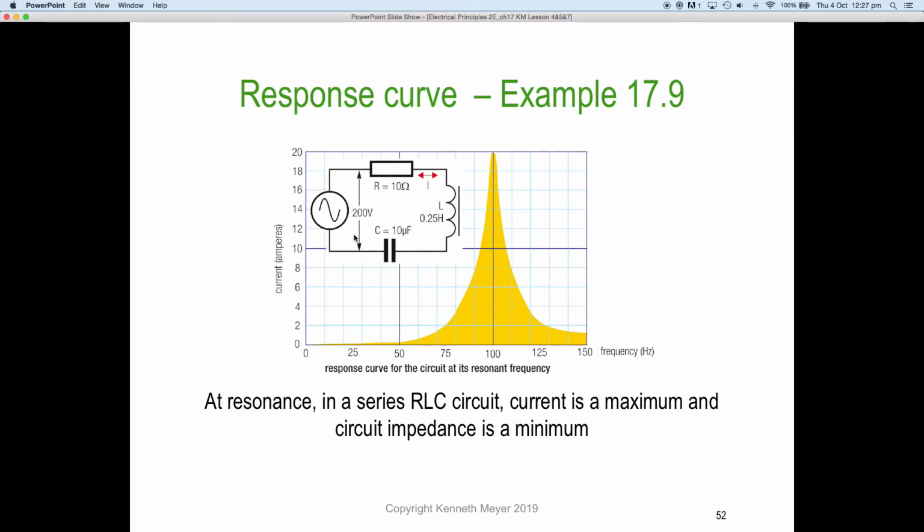So in this particular case, we only get up to 20 amps because we have 10 ohms in the circuit, and the capacitor and the inductor cancel each other out completely at this point we call resonance, which in this particular case happens at 100 hertz.